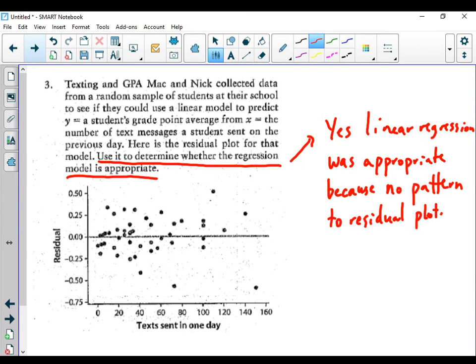And again, the residual is errors, so we don't want predictable errors. So since all those were all over the place, we'd say, yeah, that's okay. That linear regression was the appropriate model.